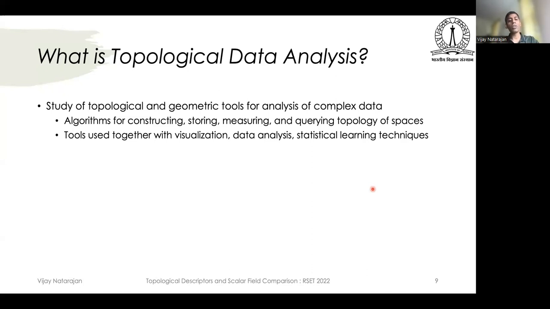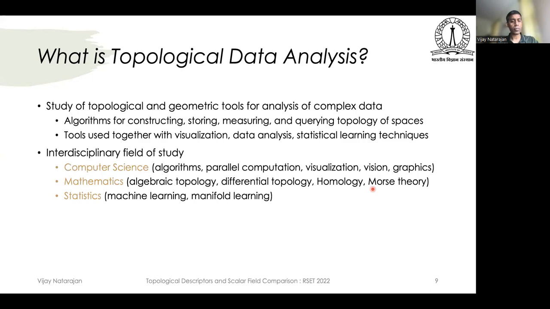On top of this, these tools are used with techniques from visualization, from data analysis and statistical learning to help understand or make sense out of the data.